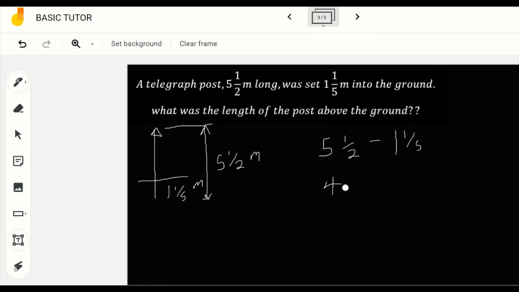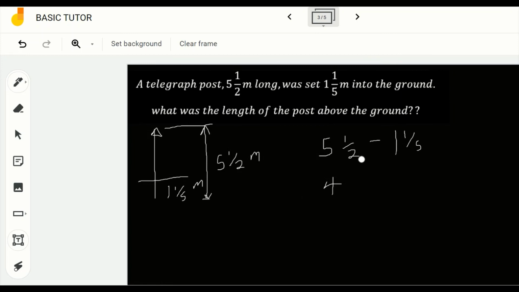Now my fractions, as you can see, have different denominators. What I do now is to ensure that I have the same denominators, or we can use the technique of equivalent fractions.